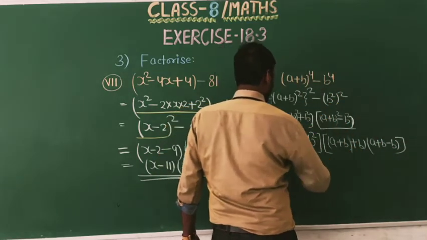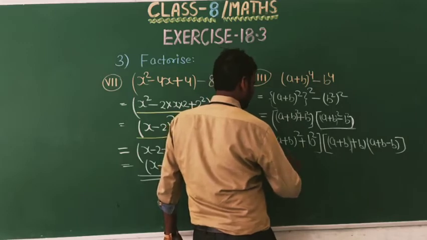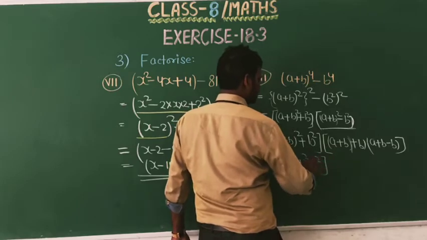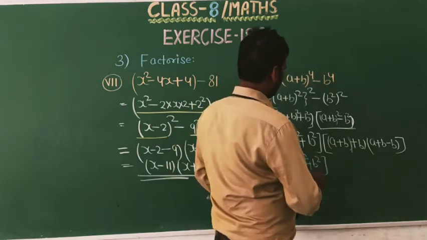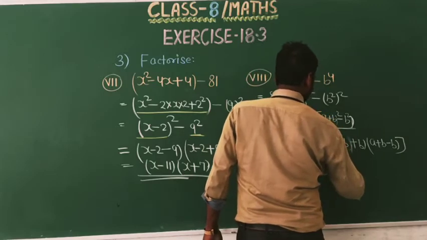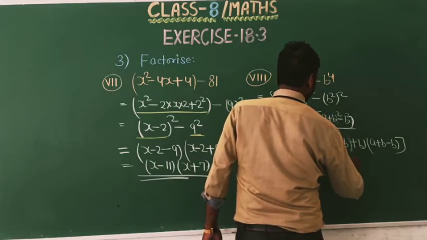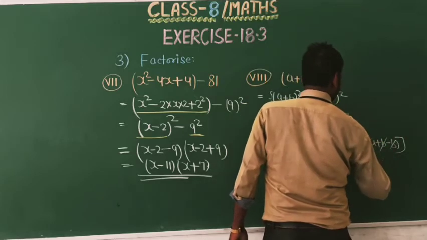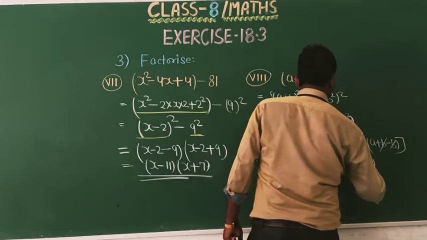Okay, so this is (a plus b) whole square plus b square, and this is a plus 2b, here b cancels, this is a.